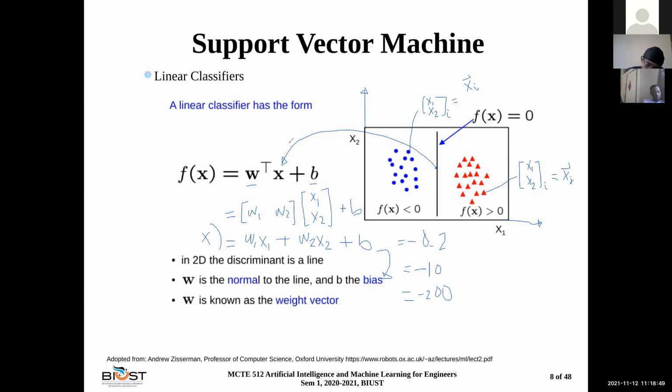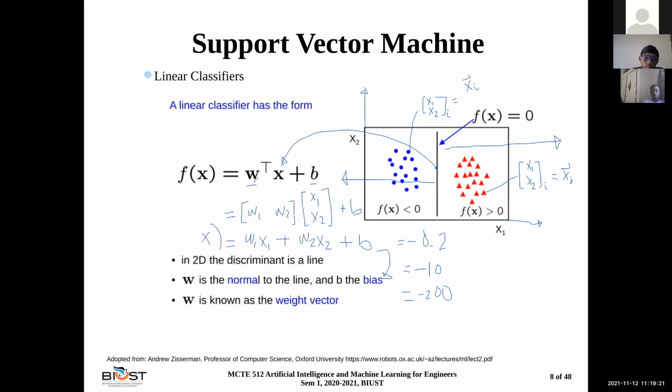All we need to do is plug in the x, and it will give you some value of f of x that will be less than 0 when you are on this side of the line or hyperplane, and greater than 0 when you are on that side of the hyperplane. When you are on the line or the hyperplane, the value of f of x when you evaluate is equal to 0.